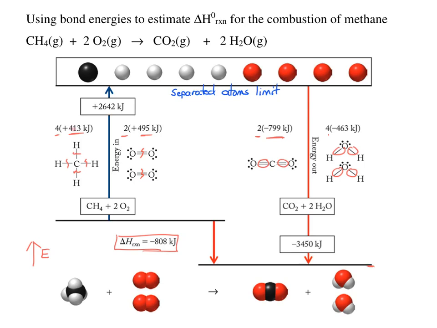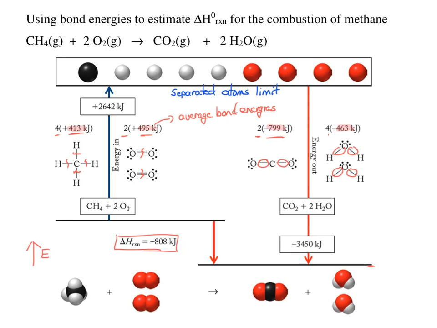These values here, the bond energies, these are average bond energies. The energy of an oxygen-oxygen double bond is measured for thousands of compounds, and then the average taken of that value.